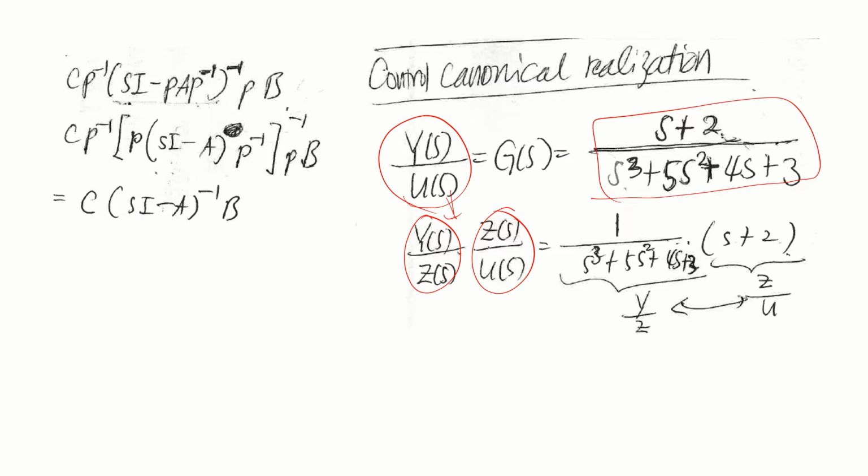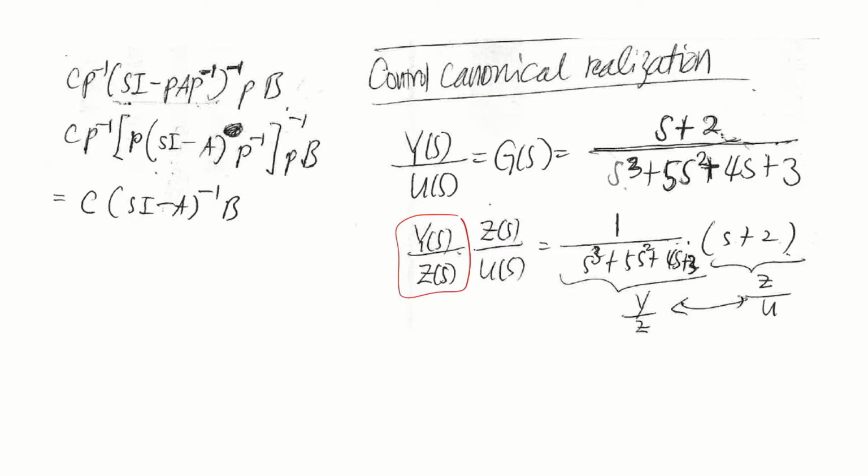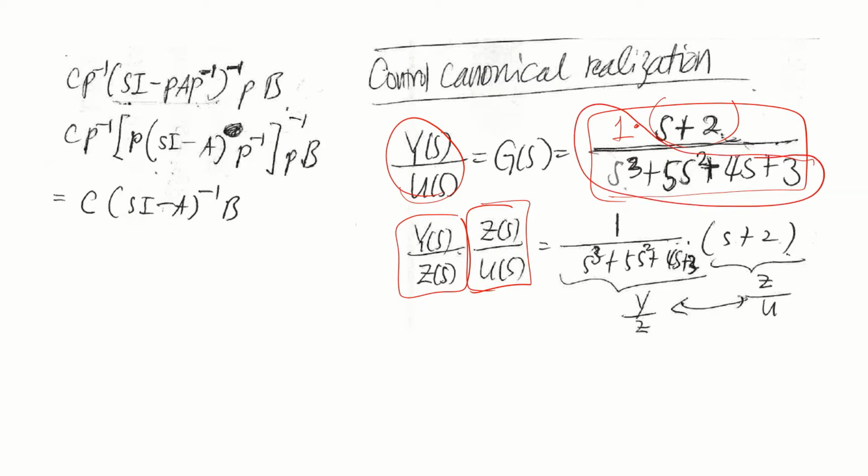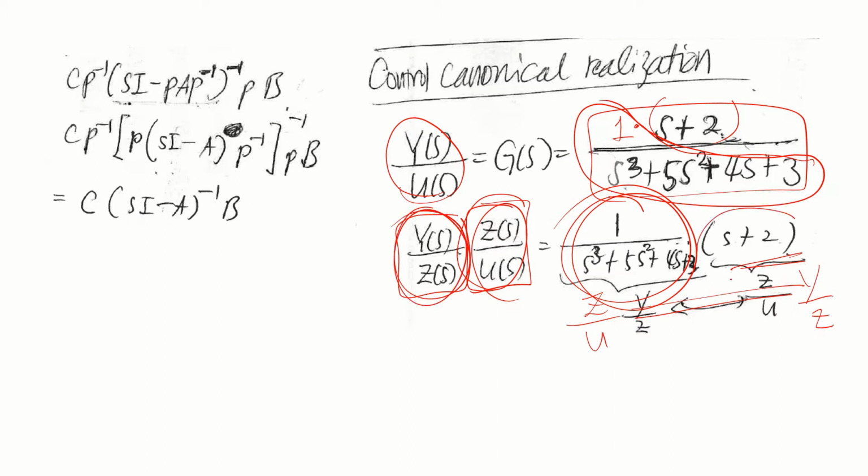So you introduce some intermediate variable Z. This Z and Z cancel out, and so you are going to get the same transfer function Y over U. Suppose now you have two parts that come from this original transfer function Y over U, and you split the transfer function into two parts.